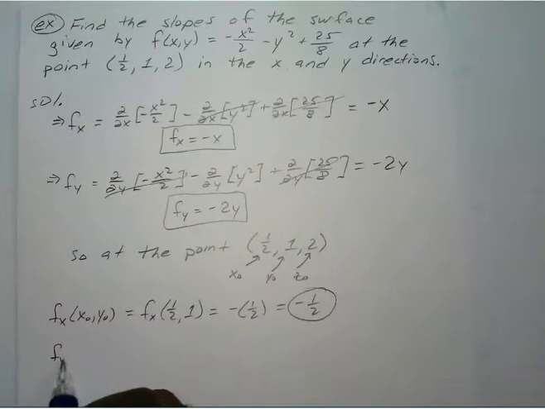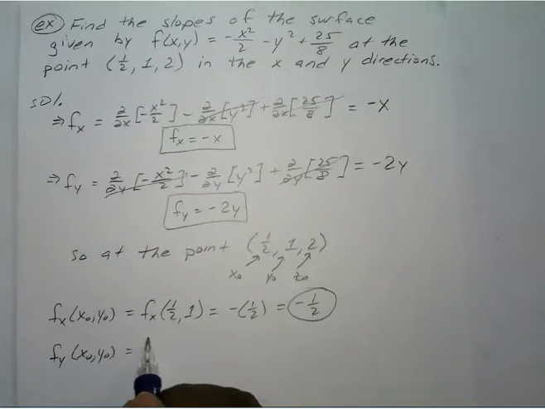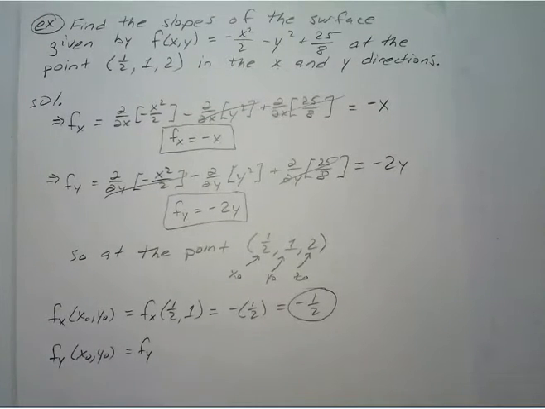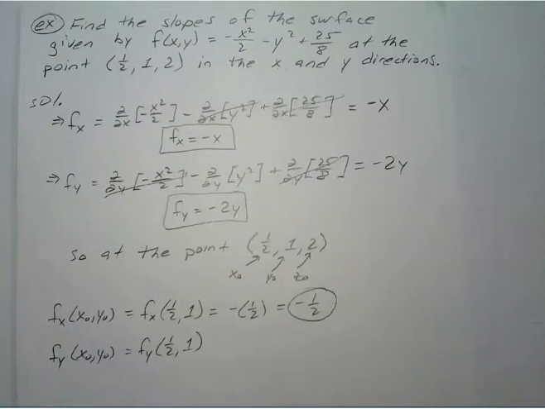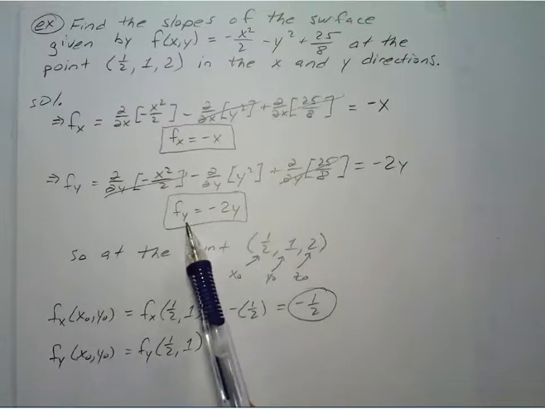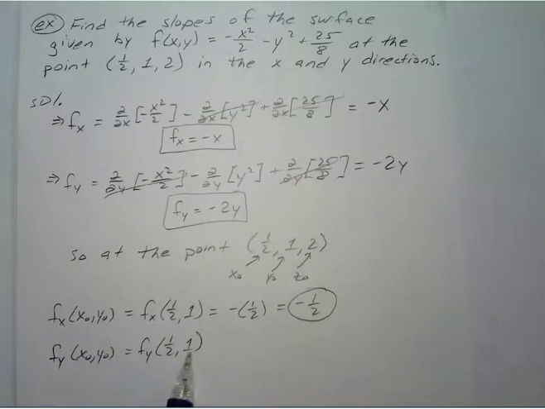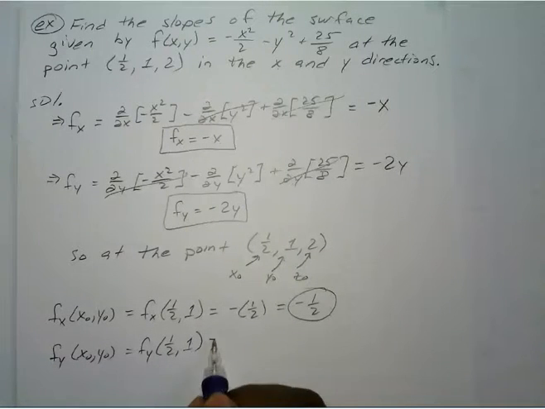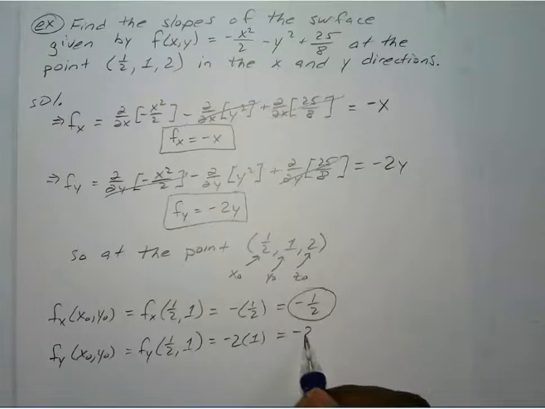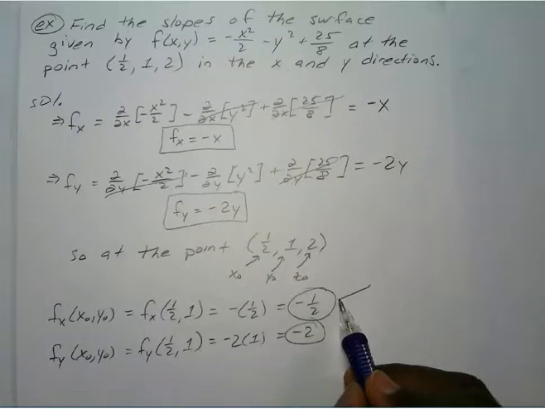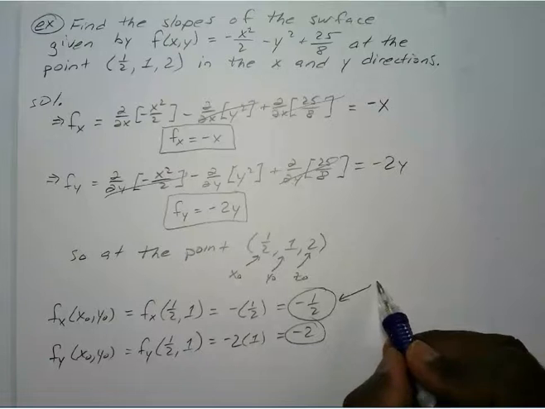And our partial with respect to y at that point, the partial with respect to y at 1/2 and 1. Okay, so the partial with respect to y is negative 2y. So we're just going to replace the y value. That's negative 2 times 1, which is negative 2. Okay, so we have our slope in the x direction.